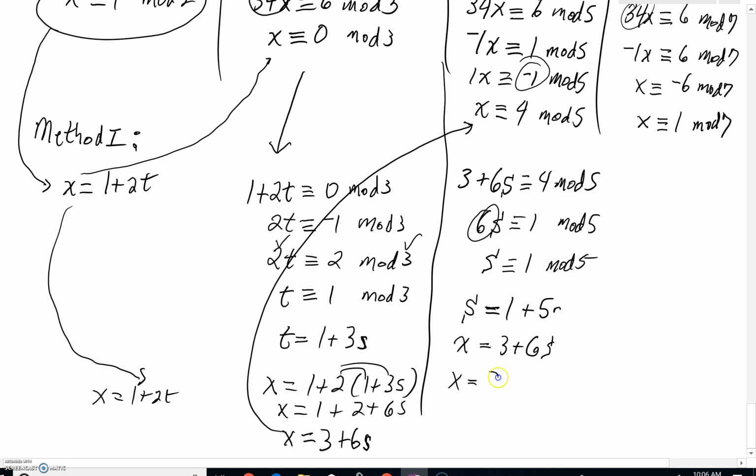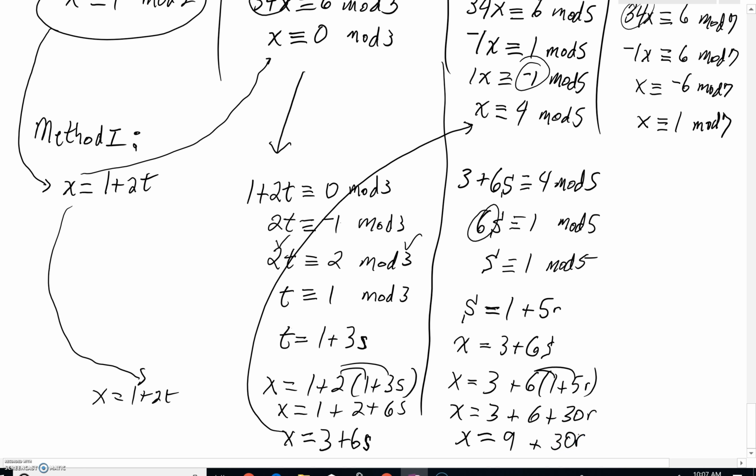And that means my s here is 1 plus 5r. And I can distribute that 6, and 6 times 5 is 30. We got 30r. So wow, x is now 9 plus 30r.